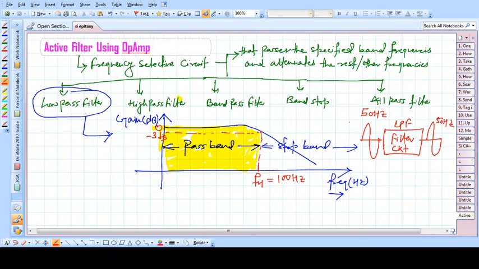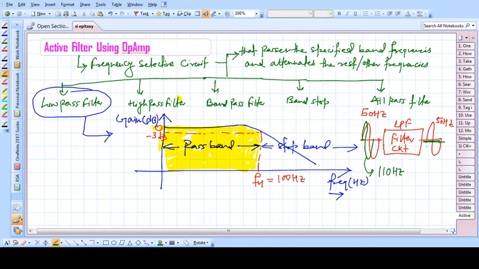But if you are giving a signal having frequency more than 100 hertz, for example this green one having frequency 110, it will not pass the signal.